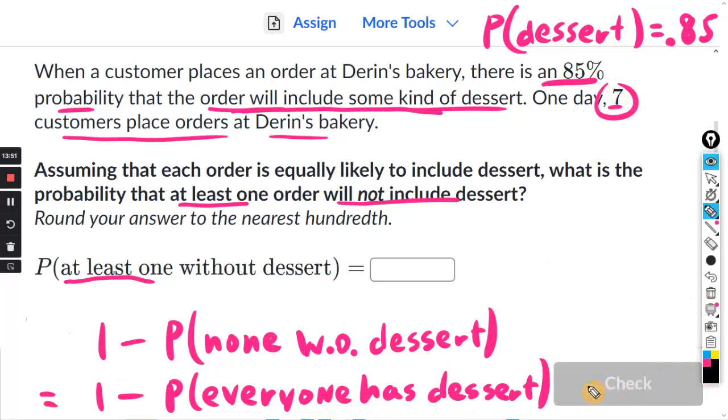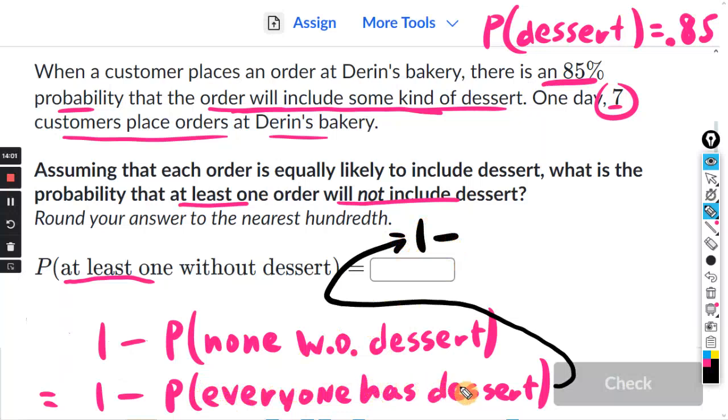So if we were to write this equation, I'm going to write it right here. 1 minus the probability that everyone has dessert. The probability that someone has dessert is 0.85. And how many customers are there? 7. So you multiply 0.85 7 times. So you just do it to the 7th power.